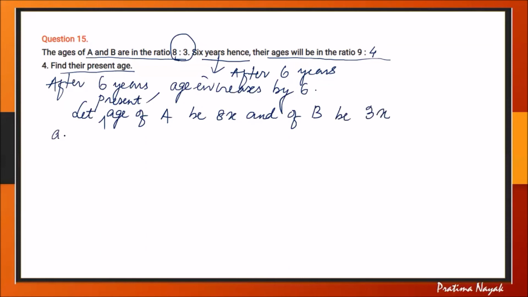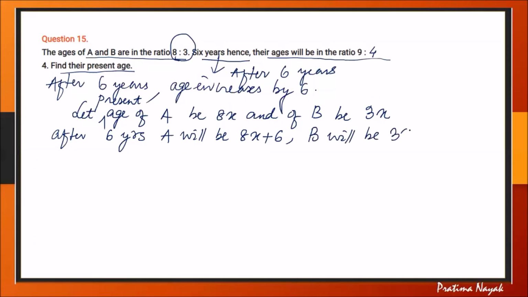Then after 6 years, A will be 8x plus 6 and B will be 3x plus 6. Next, their ratio 8x plus 6 to 3x plus 6 will be 9:4.